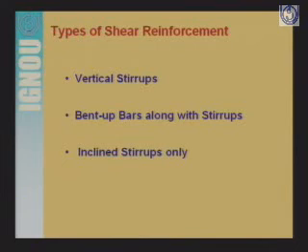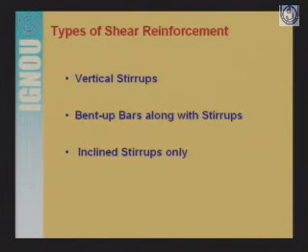Because the situation when tau v is greater than tau c max is not acceptable to us. So we have to redesign such a section and bring tau v to a limit which is less than tau c max. So these are the three different cases that you may find while designing flexural members.